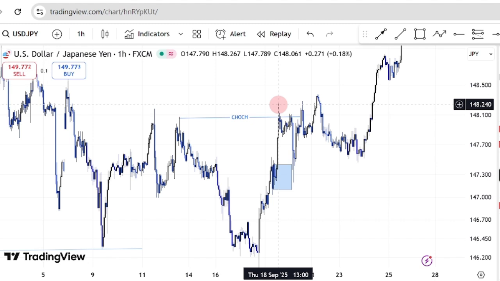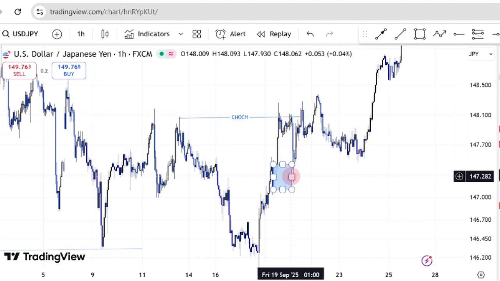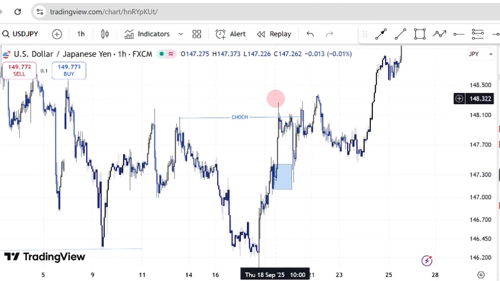Because not all liquidity sweeps, or not all candle wicking above a wick, show that there's a change of character. For you to have a valid change of character or a valid break of structure, we want to see a candle break with full body closure. So at this point, price tapped into this zone. We didn't take a trade here because we didn't have this as a valid close above.